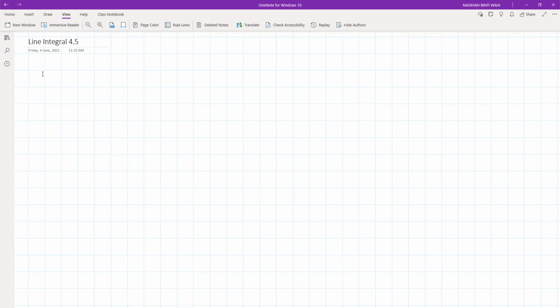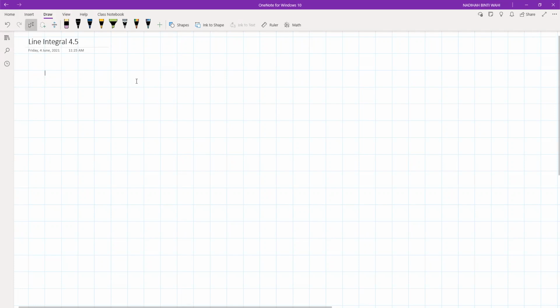Okay. So let's say line integral. So in the xy plane, a curve C.